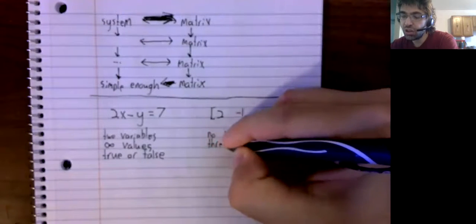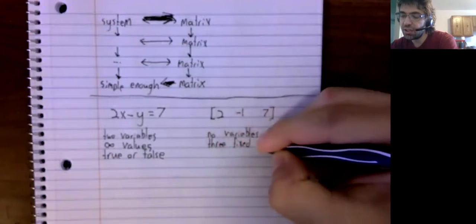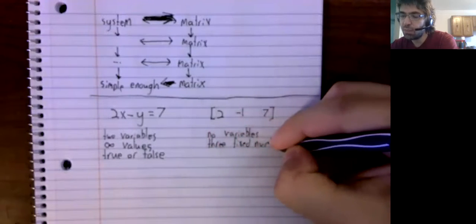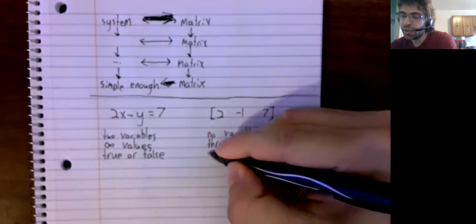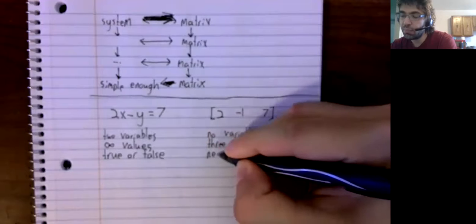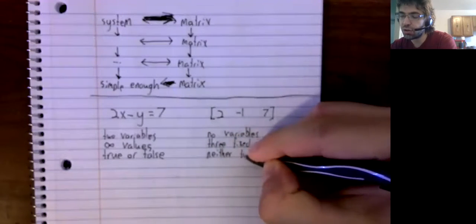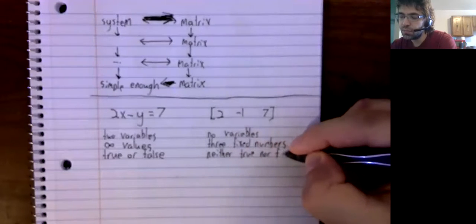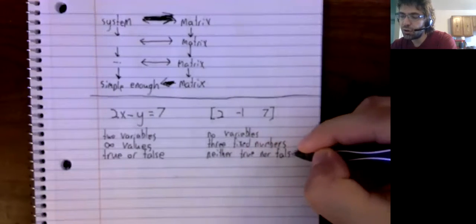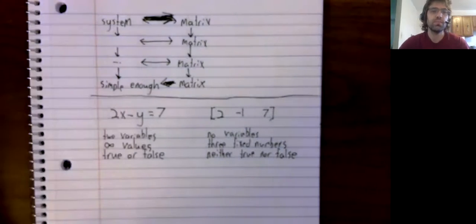It's just 3 fixed numbers. And it's just 3 numbers written next to each other. It is neither true nor false.